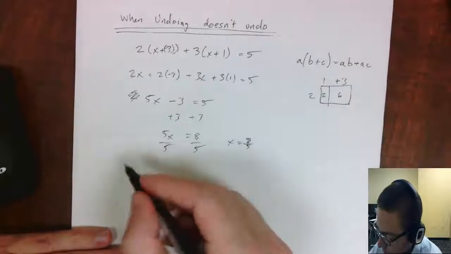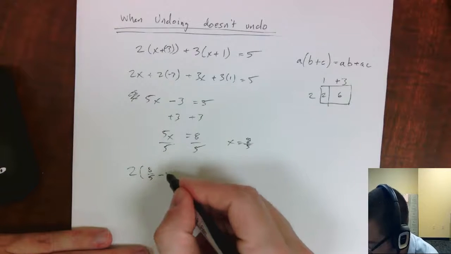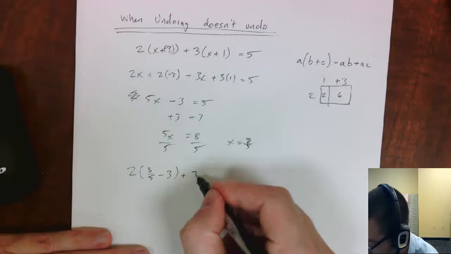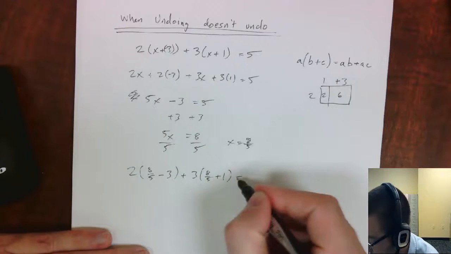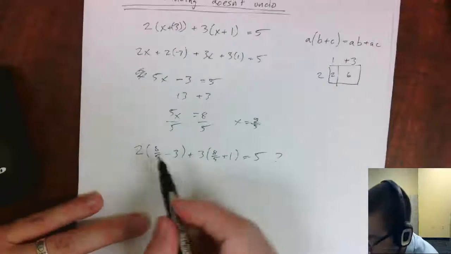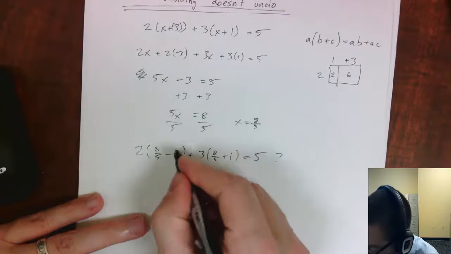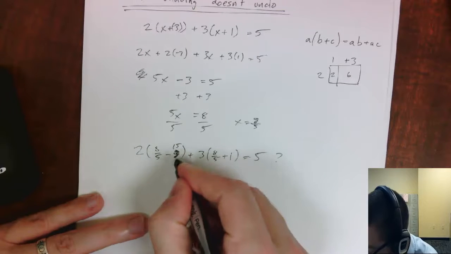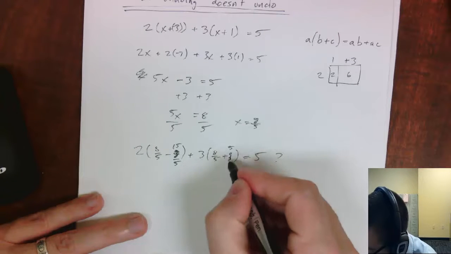Okay, let's check my answer. So 2 times 8/5 minus 3 plus 3 times x, which is 8/5 plus 1, does equal 5. Okay, so always check your answer. 8/5 minus 3, so 3 is the same as 15/5. And 1 is the same as 5/5.